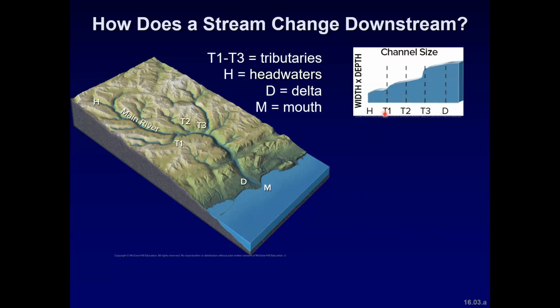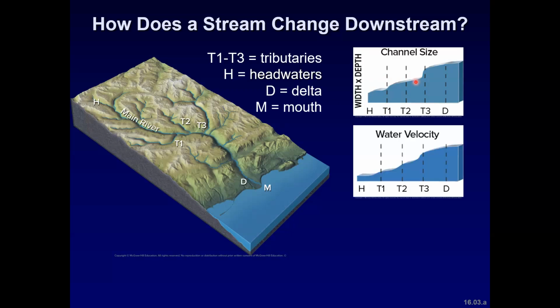We have an increase in discharge with an increase in channel size, if you looked at that in cross section. Also, as you go from the headwaters to the delta to the mouth, you're going to have an increase in water velocity as everything feeds in together, or flow velocity.